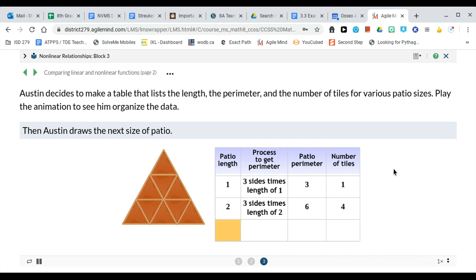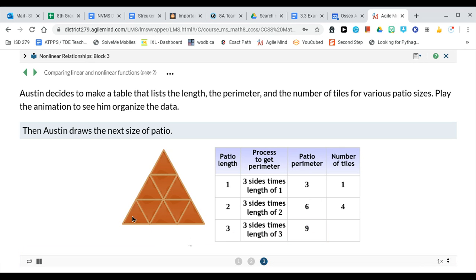Then again, if we put a length of 3, 1, 2, 3, then the perimeter becomes 3 plus 3 plus 3, or 3 times 3. So the patio perimeter becomes 9.